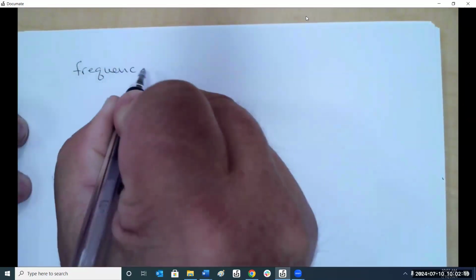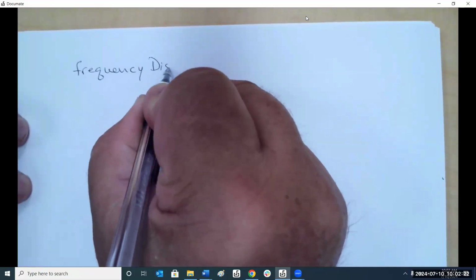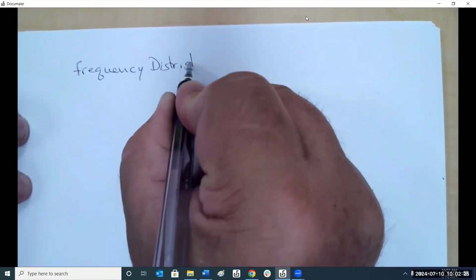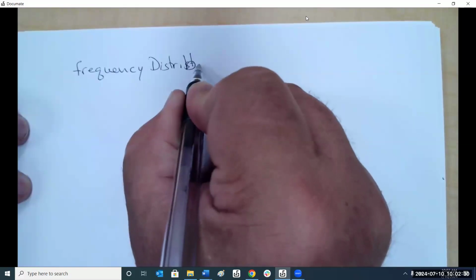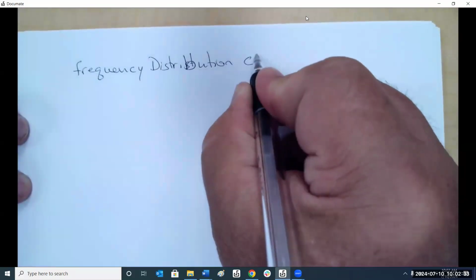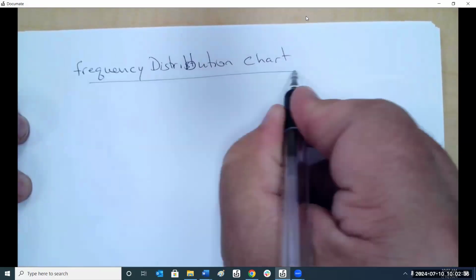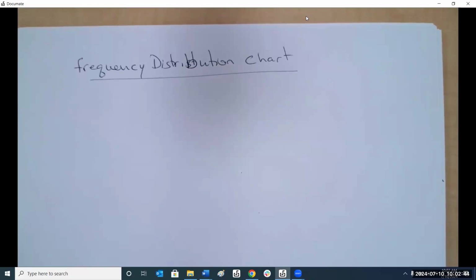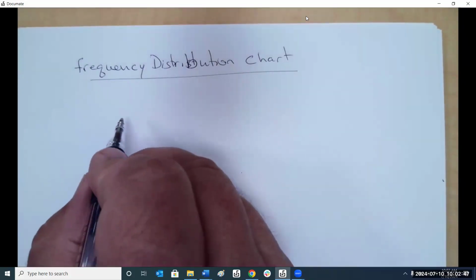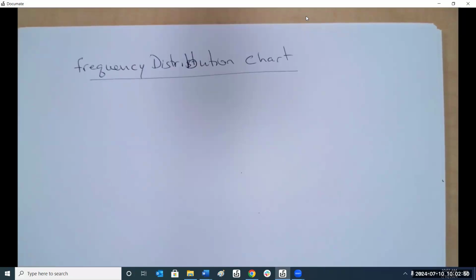So the first graph we can use is a frequency distribution chart. What do you think's on a distribution chart?